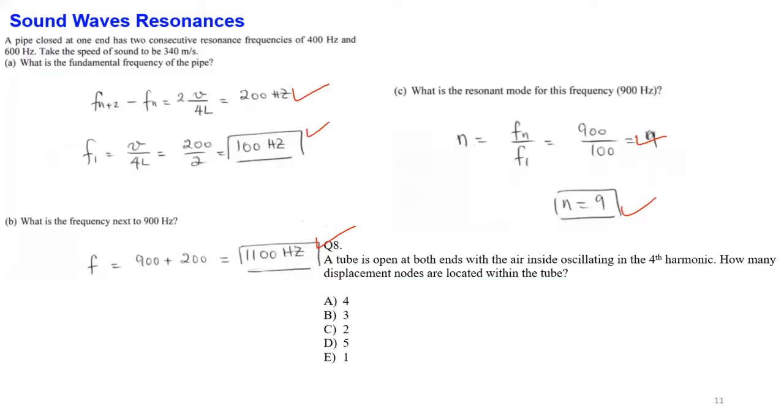So let's solve this problem here. A tube is open at both ends with air inside oscillating in the fourth harmonic. How many displacement nodes are located within the tube? So tube, open end.